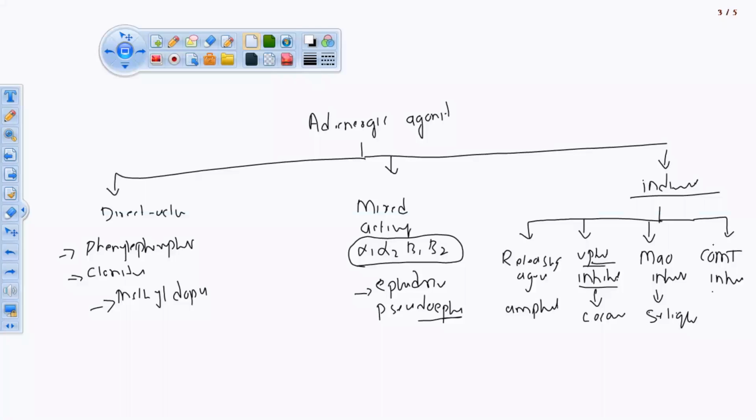If it is agonist, remember that under agonist there are three classifications: direct, indirect and mixed. Under direct, these drugs; under indirect, these alkaloids; and under mixed, the ephedrine class of drugs are there. This is about the adrenergic agonist drug.